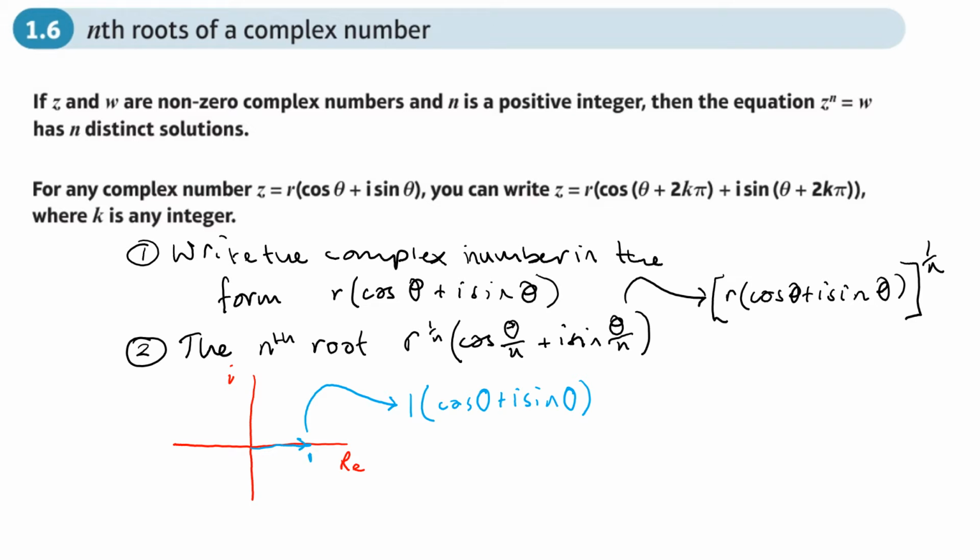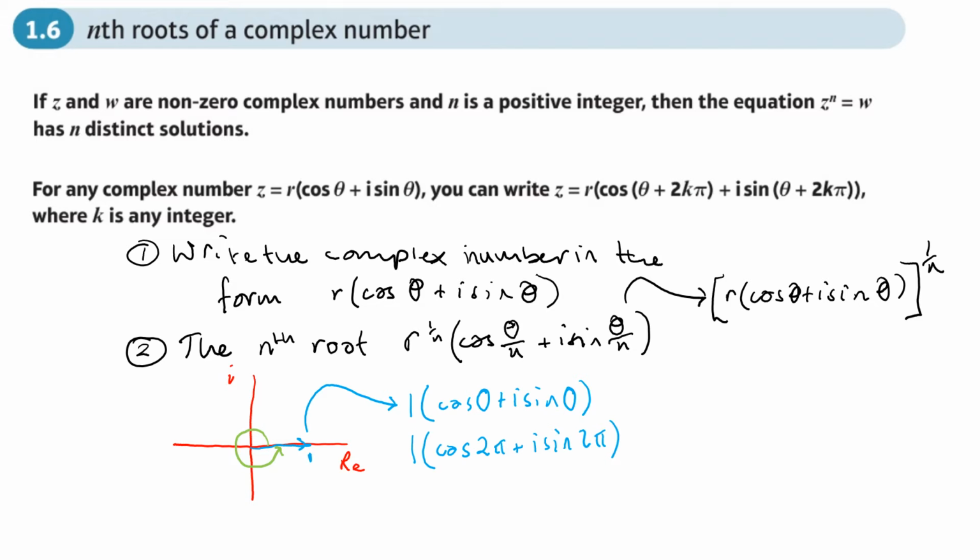Because we choose to have the argument between pi and negative pi, or just before negative pi, we don't really appreciate the fact that if I go around a full turn, I could write the same complex number as cos 2 pi plus i sin 2 pi.